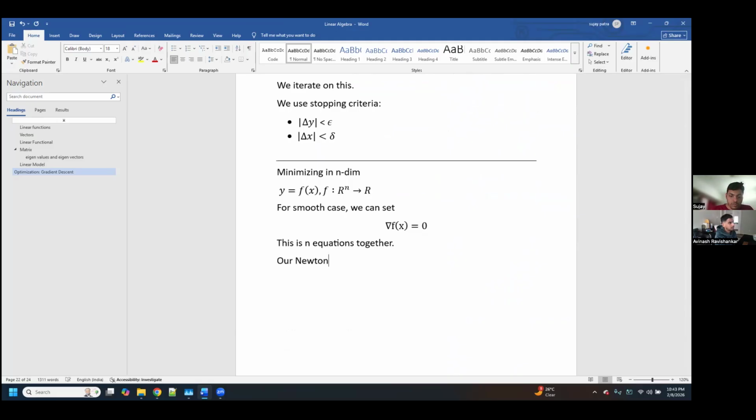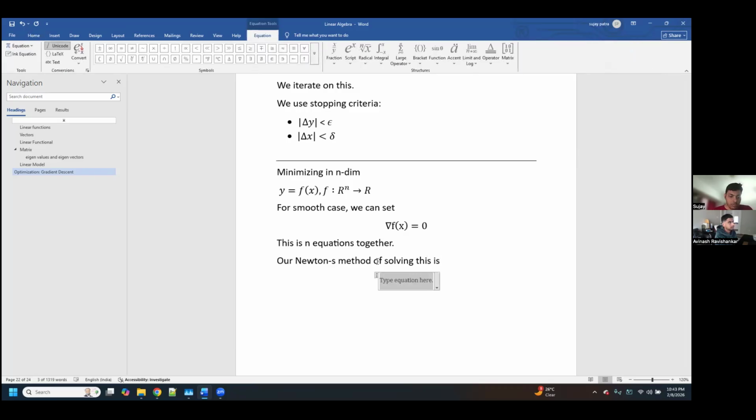So Newton's method of solving this is, I'll write x_{m+1}, where m is the number of iterations we are doing, which will be x_m minus f prime over f double prime.